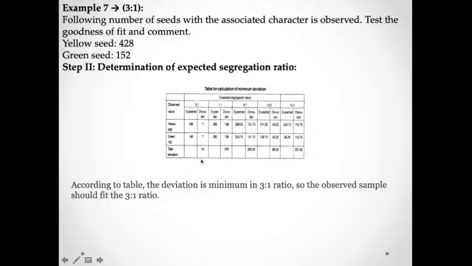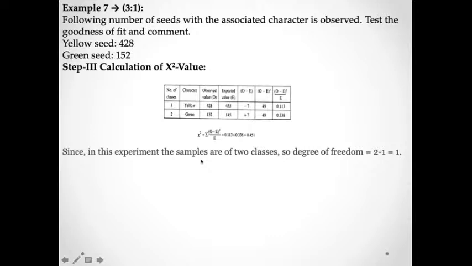Okay, so the following number of seeds with the associated character is observed. Now to calculate the chi-square value for 428 and 152, the observed values are these and the expected values are these. Then we apply the formula O minus E, which comes out to be minus 7, and in this case plus 7.